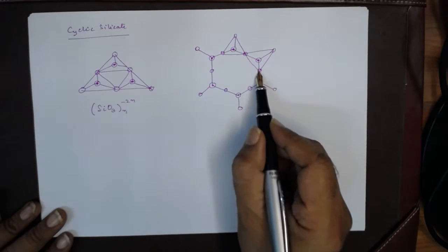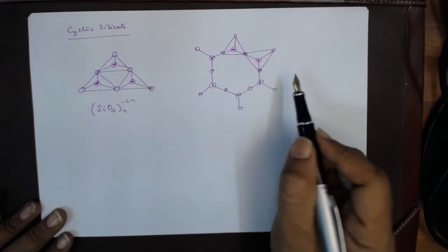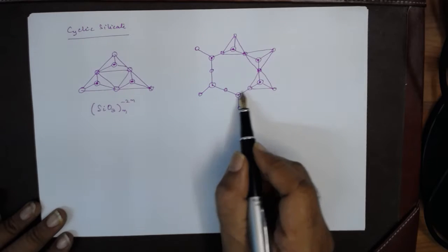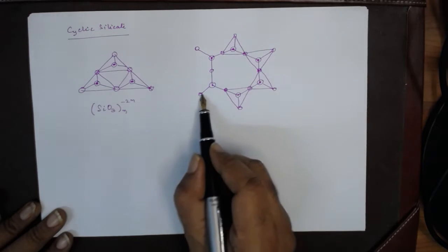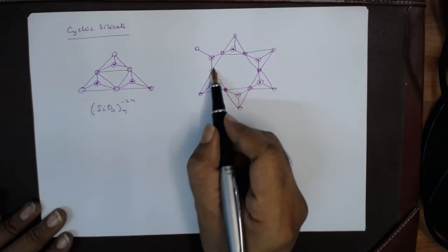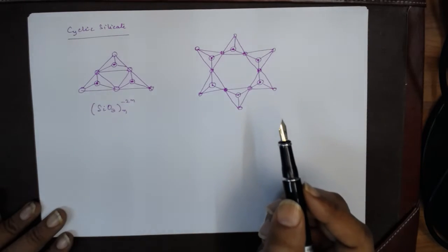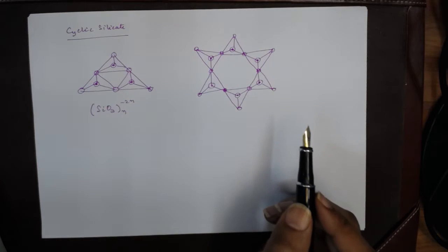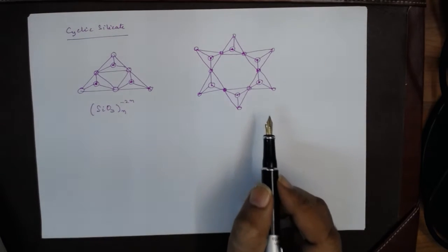Okay. So this is one tetrahedral silicate, another tetrahedral silicate, another tetrahedral silicate, another tetrahedral silicate, another tetrahedral silicate. It forms a beautiful crystal like this. You like it? Nice? A fantastic pattern. So this is also a cyclic silicate.